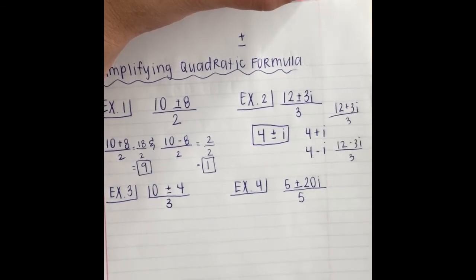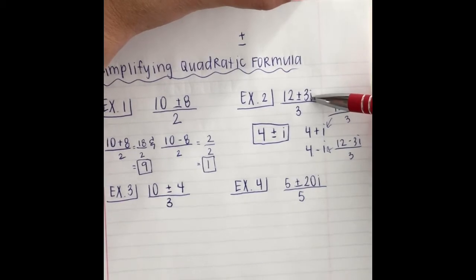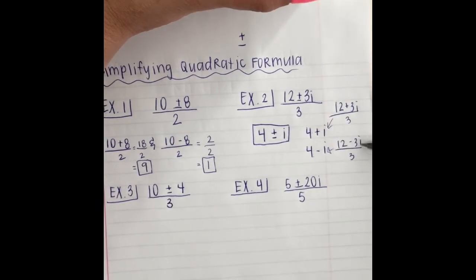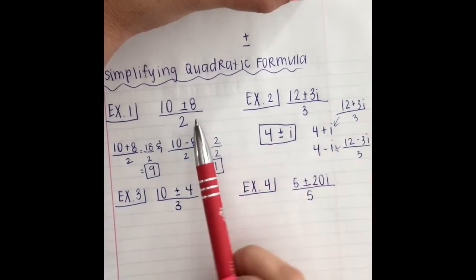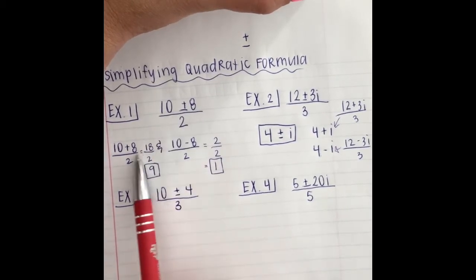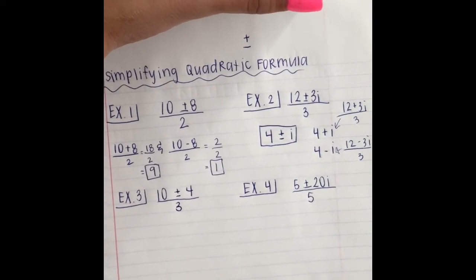So for both of them, all you can do is simplify, okay? So this would give you 4 plus i, and this would give you 4 minus i, okay? So when it has an i, all you're trying to do is just see if you can simplify the fractions. You don't actually need to split it up into 2, okay? But like with example 1, you can actually combine those. These are both just numbers, so it's easier to go ahead and combine them and then simplify, okay?